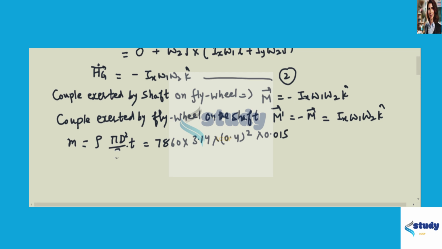So it's divided by 4. On solving it, the mass of the flywheel we will get 14.816 kg.